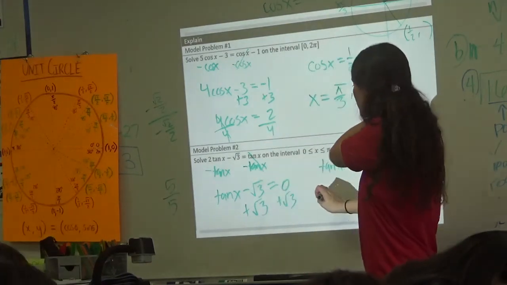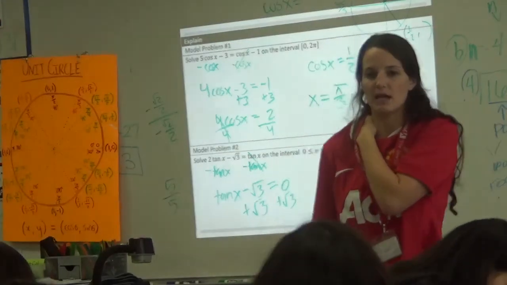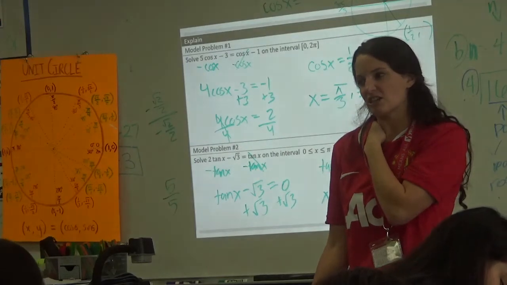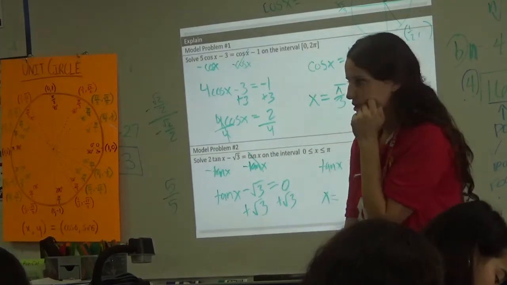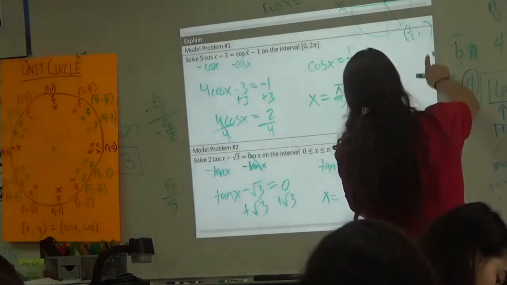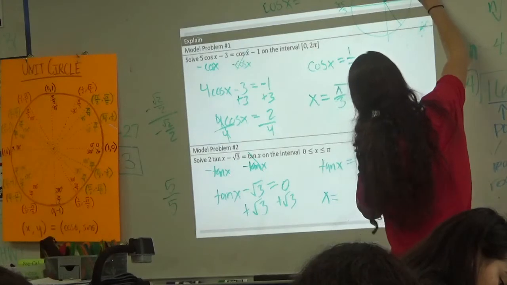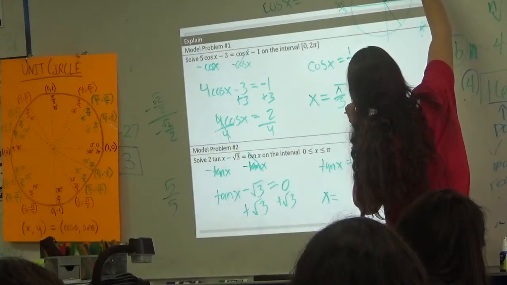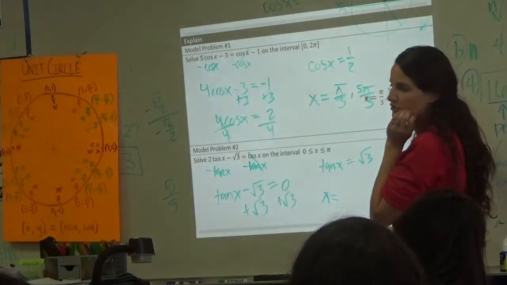So then we want to find our x values, our angles, that would make this true. Not as easy as tangent equal to 1, because that's where we know x and y are the same, which means it's got to be this one, 30 degrees, or this one, 60 degrees, and then we're going to see if there's any others in the other quadrants.